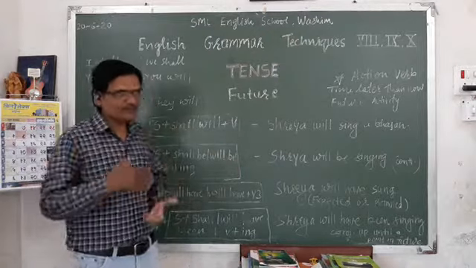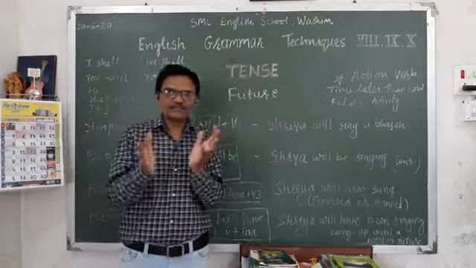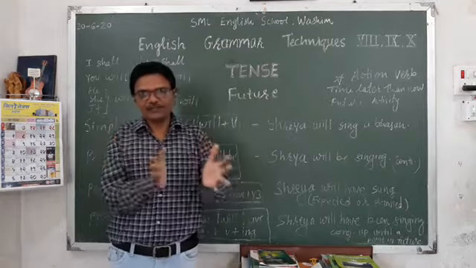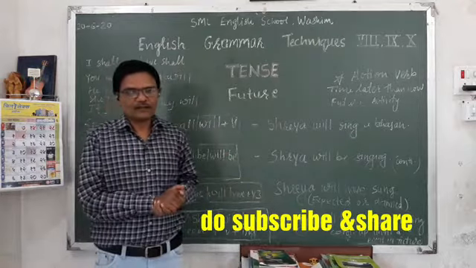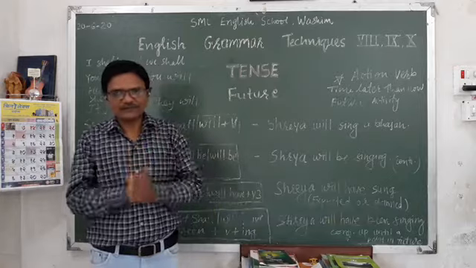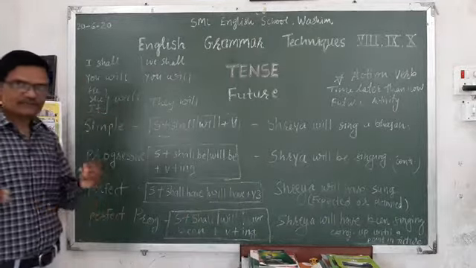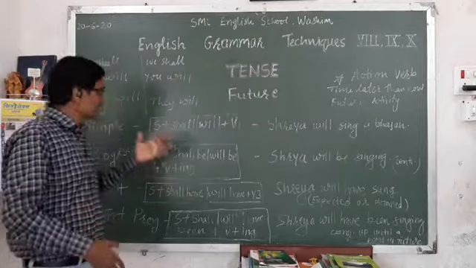So students may get confused using shall and will, to which subject we bring shall or will. That is a little confusing for the students, but it's very clear cut.